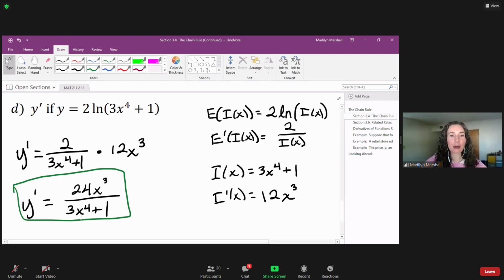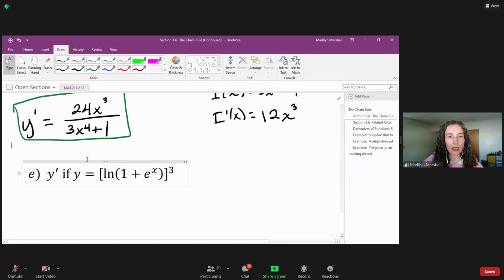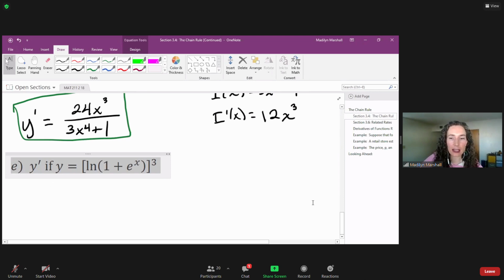But I am probably going to put an extra credit question on the test that is a 3-layer chain rule, just as an option if you're interested. And so this is an example of what that would look like.